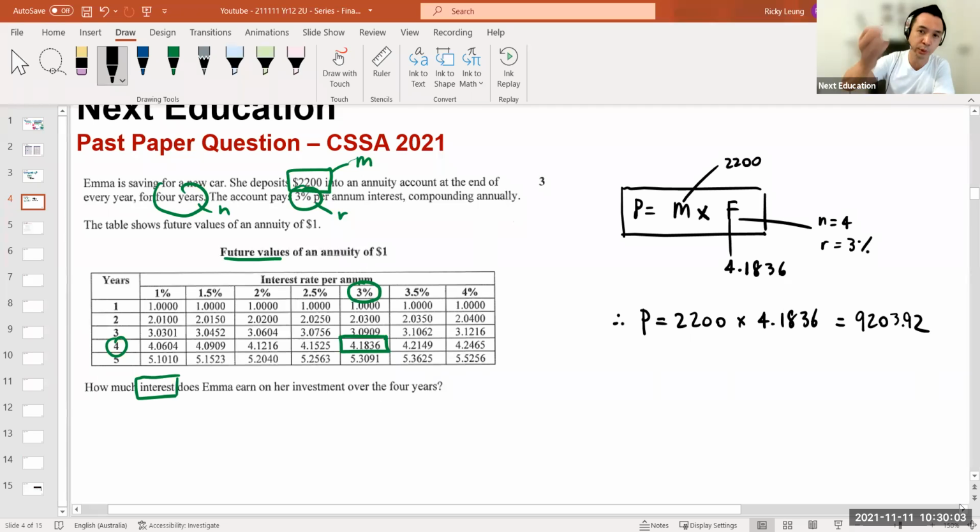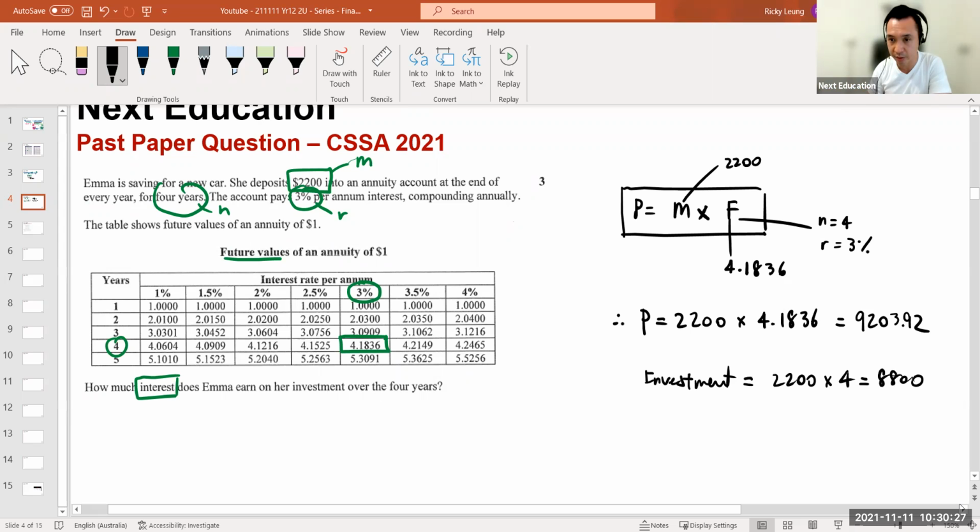So she's put in 4 lots of 2,200. So her principal, her investment, is 4 lots of 2,200. Then the difference is interest, and that's exactly what they want you to find. So this is 8,800. If you take the difference, therefore interest, subtract out, what do you get? Is that like 400 something?